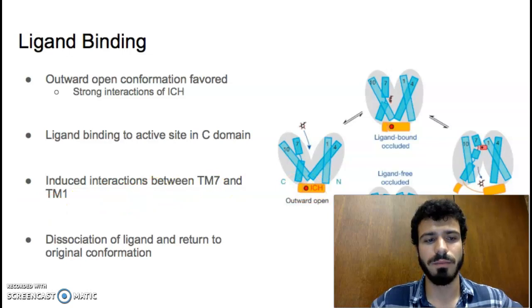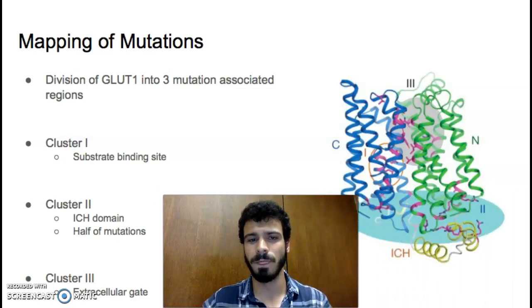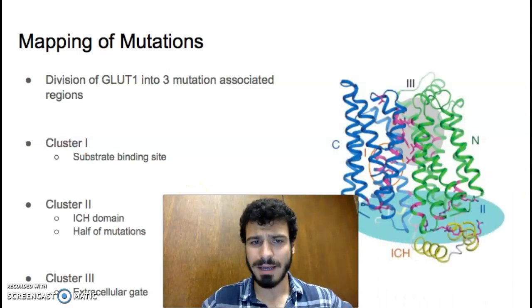Now, a really important part of this study was the ability to map out disease-associated mutations. And they mapped out 3 clusters. Cluster 1 involved mutations which affected the substrate binding site, so the active site here.